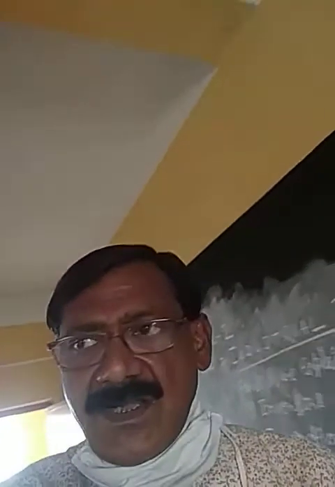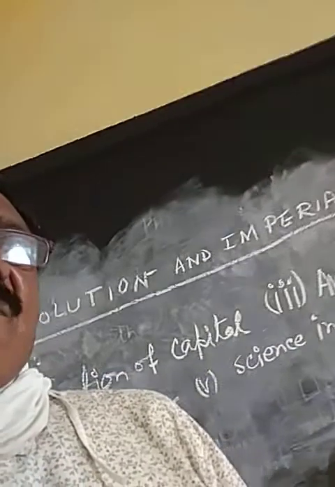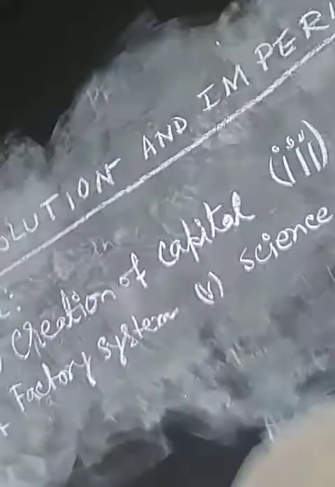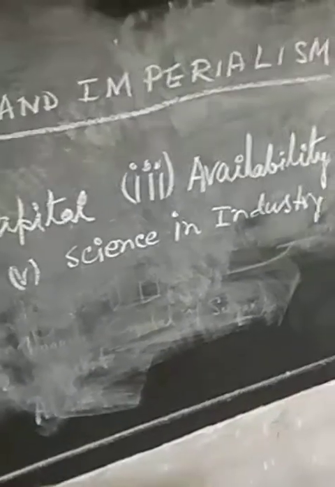The natural resources were not available in different parts of the world, but to some extent, natural resources were available in our country, India, in China, and in other parts of Asia, Europe, and Africa. In order to get benefited with these natural resources, England decided to utilize its financial and political power.